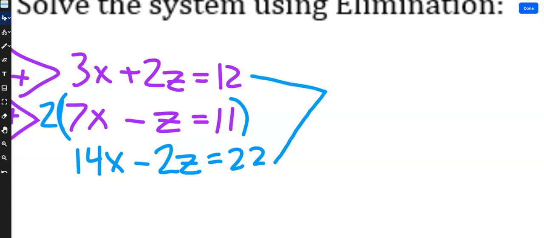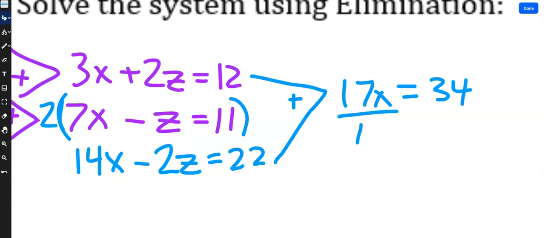And then we can add this and this together, which would give us 17x equals 34, because the z's cancel. And then we can divide by 17 on both sides, and we get an x value of 2.